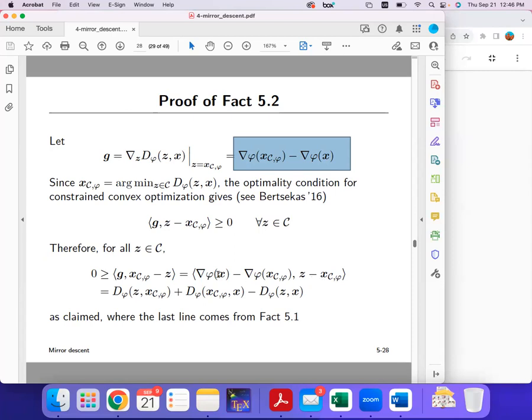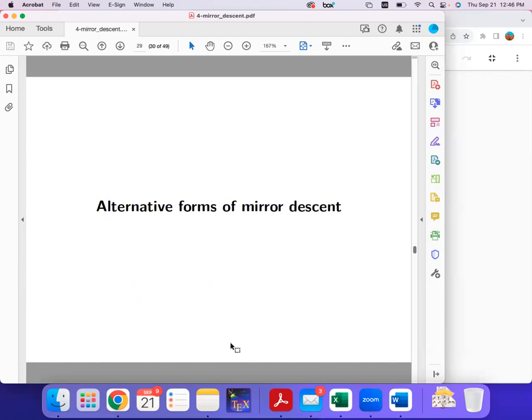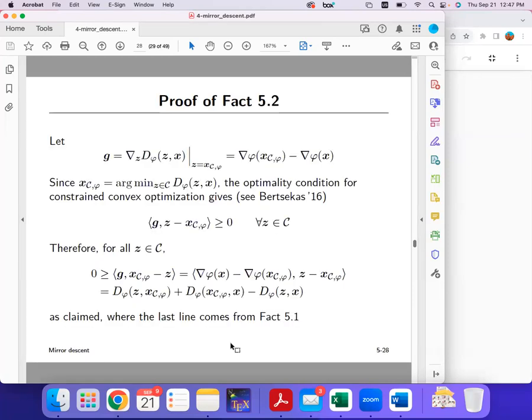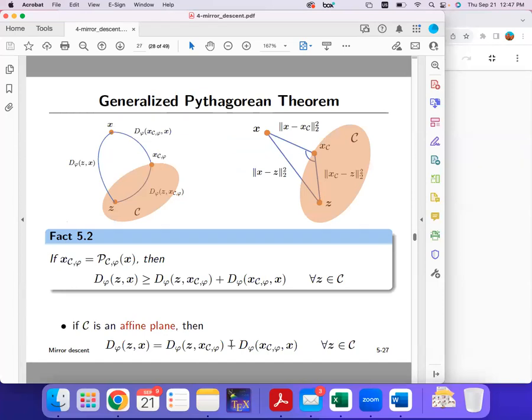This inner product is about 3 points: X, the projection point, and Z. And you can check that this equals these 3 Bregman divergences. It is an exact equality. And this will prove the desired result. So this is this theorem.